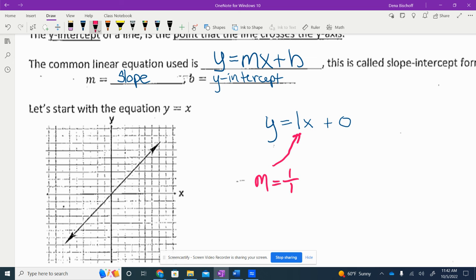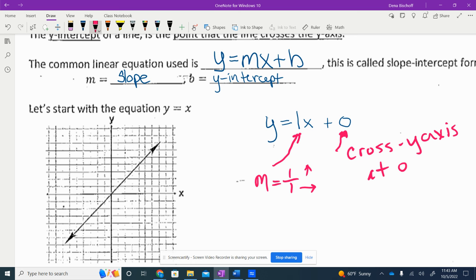is 1 over 1. And because it's positive, that means I go up 1 and then I run 1 to the right. This means that I cross the y-axis at 0. Now, we don't typically put a number 1 in front of a variable because we understand that if we have a variable all by itself, the number 1 is understood.